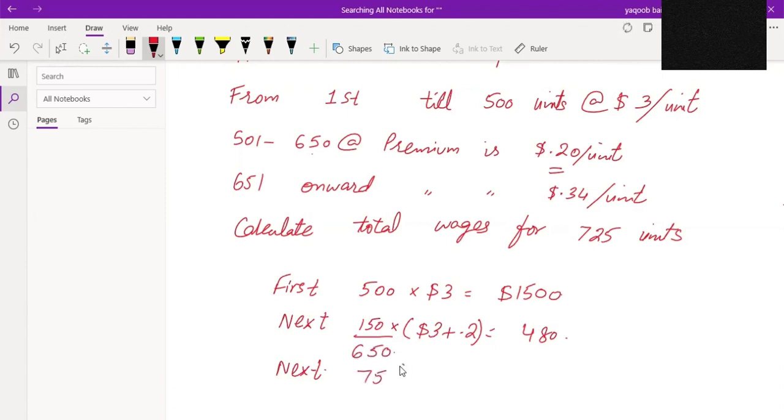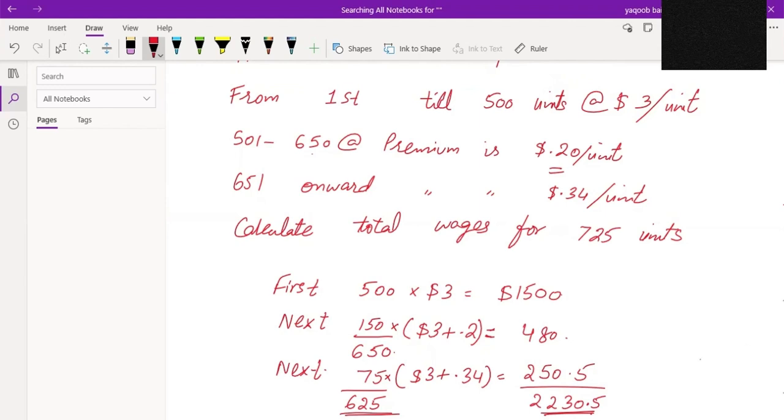Remaining is 75 at $3 plus 0.34, 250.5. Plus 480 plus 1500, 2230.5.